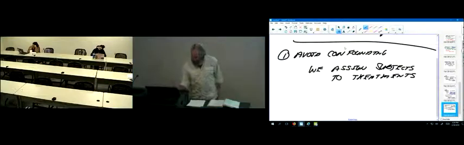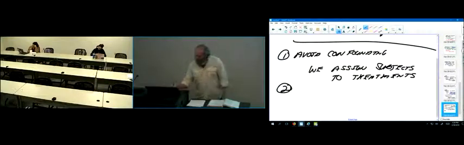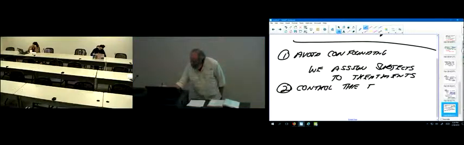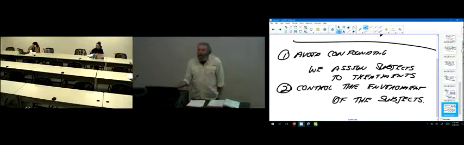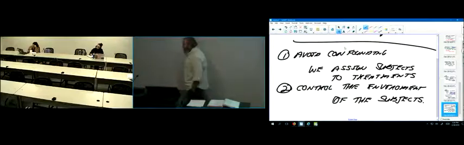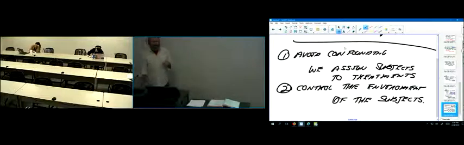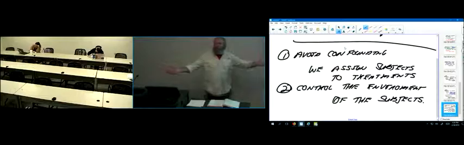2, we also, with an experiment, can control the environment of the subjects. Okay, so these 2 together. We avoid confounding because we assign the subject to the treatment, and we control everything else about it.